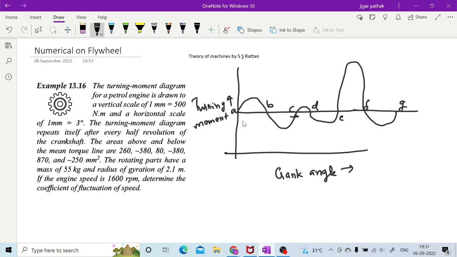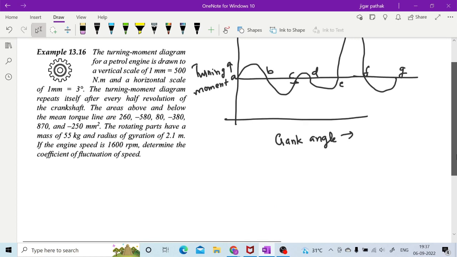So if I call this the turning moment at point A, let us make a table for this.